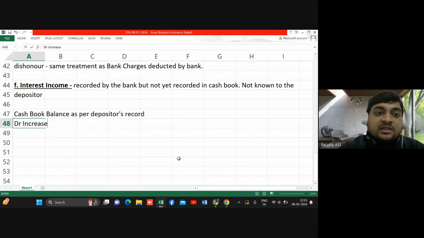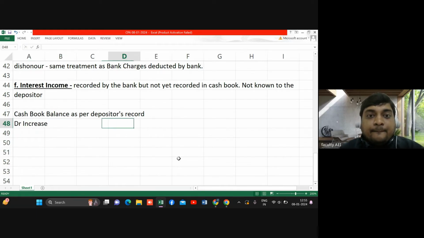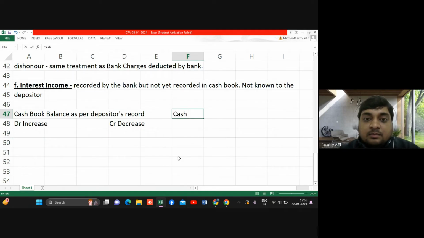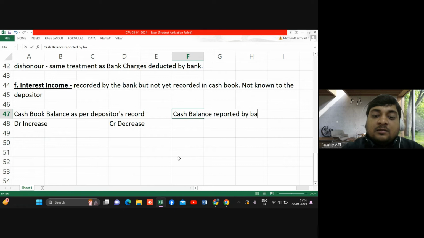So debtors increase, we have credit decrease. Then we have cash balance reported by bank.